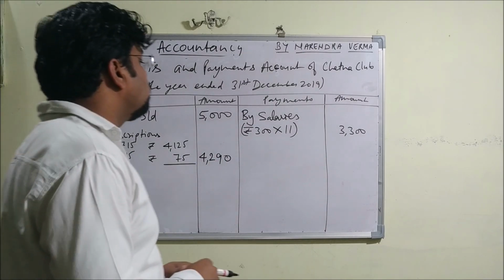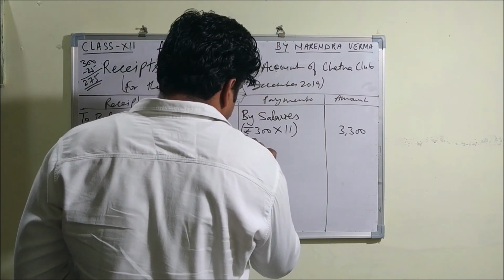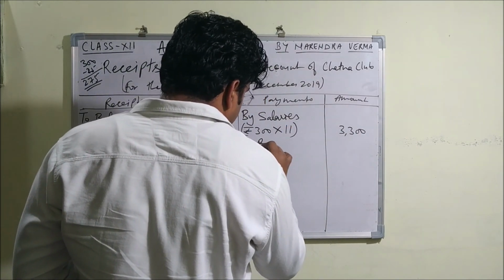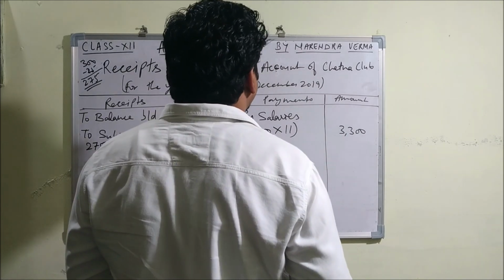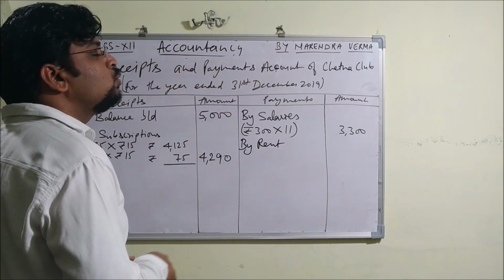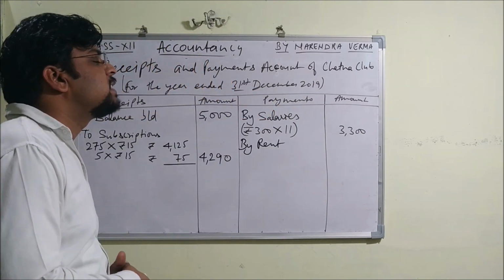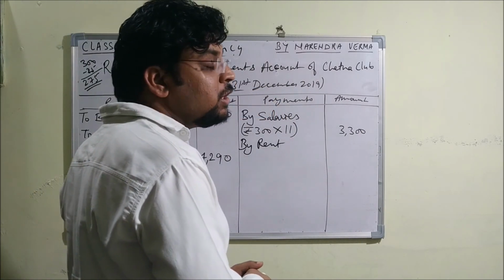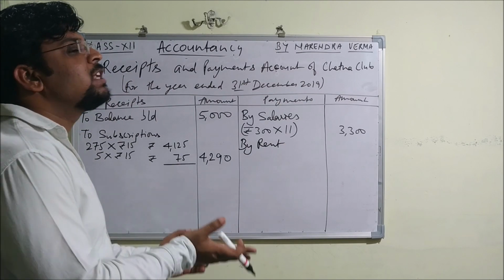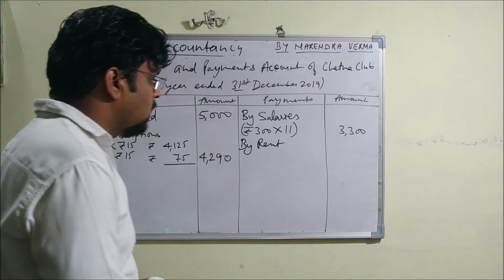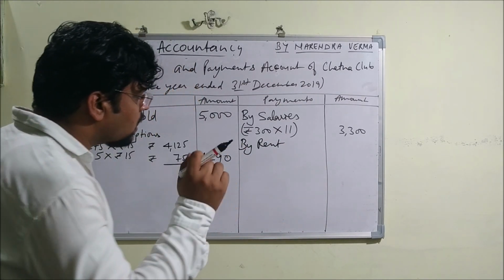Okay, now let's move on to another item, that is rent. Pay attention here. Rent has been paid till March 2020, and we are making the question up to 31st December 2019. It means 3 months of rent has been paid in advance at 150 per month.